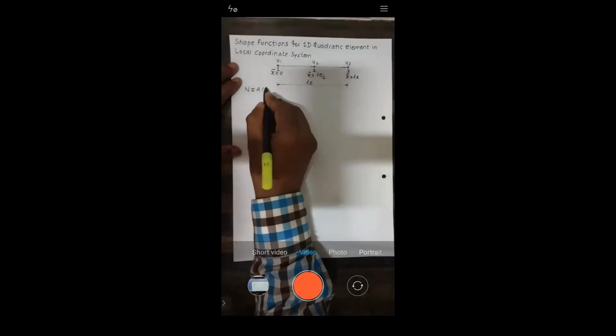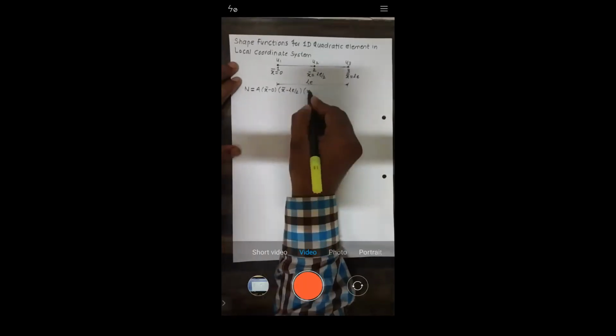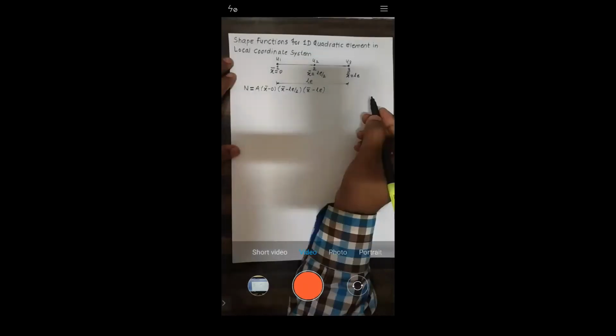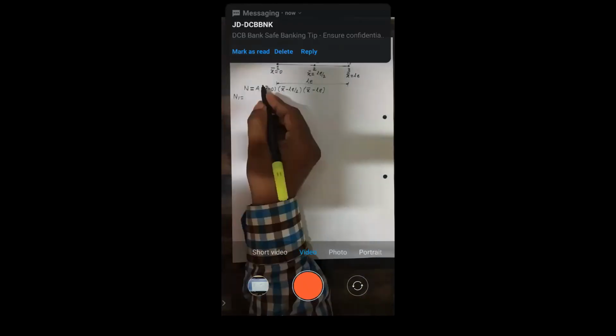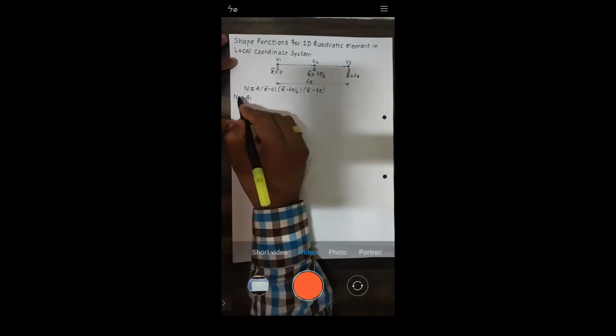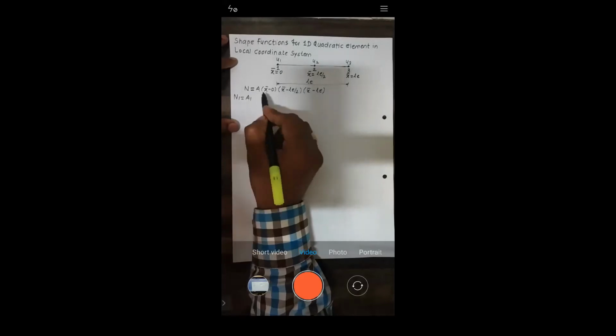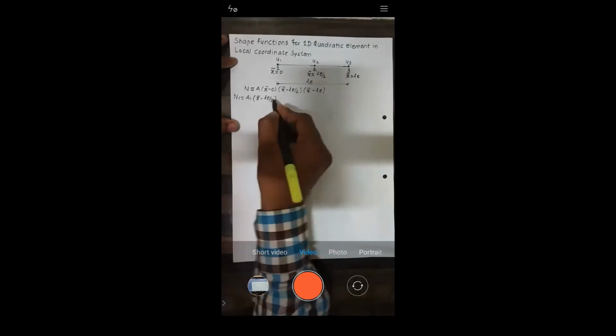N is equal to A into x bar minus 0, into x bar minus LE by 2, into x bar minus LE. Is it okay? Now write down shape function N1. N1 is equal to A1. If you see, this term is for N1, so you are not supposed to write it down. You write down the rest of the 2 terms: x bar minus LE by 2 and x bar minus LE. Is it okay?